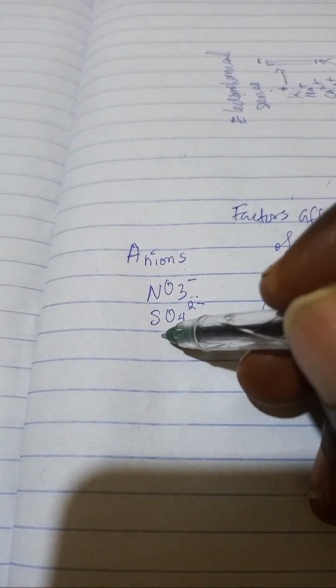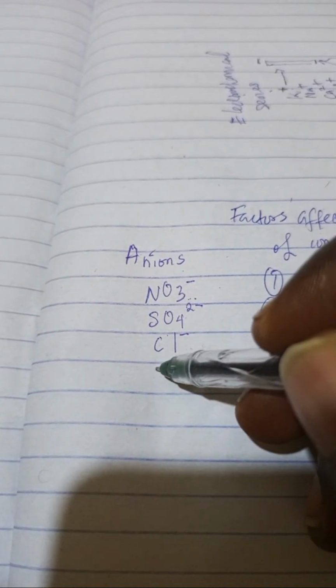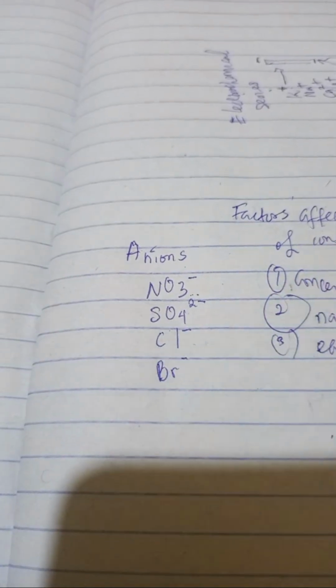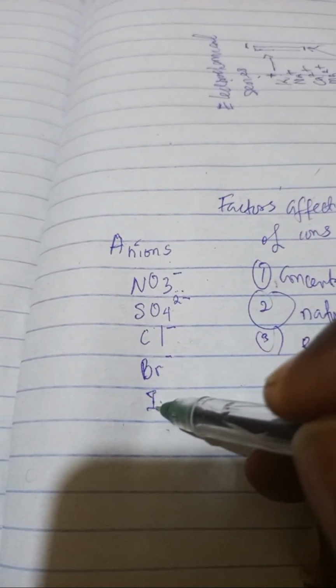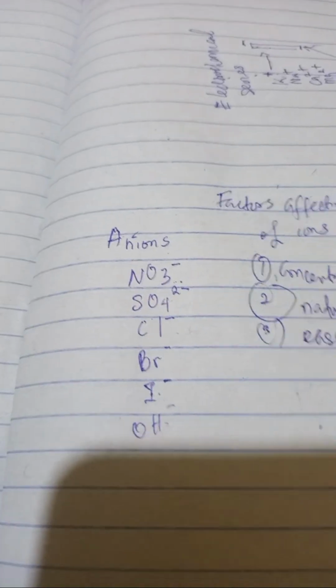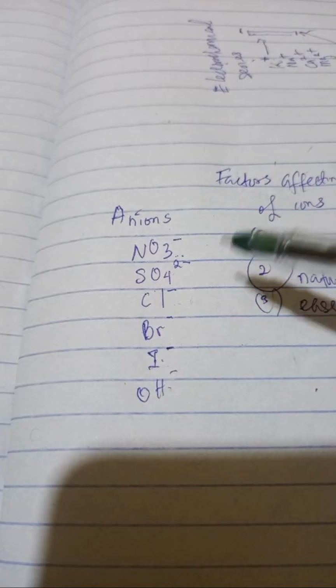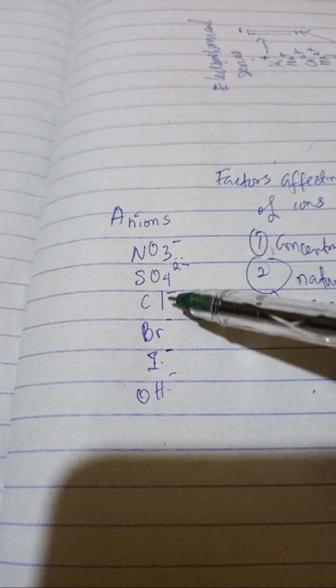Then Cl minus, the chloride anion. Then Br minus, the bromide anion. Then I minus, the iodide anion. Then OH minus, the hydroxide anion.